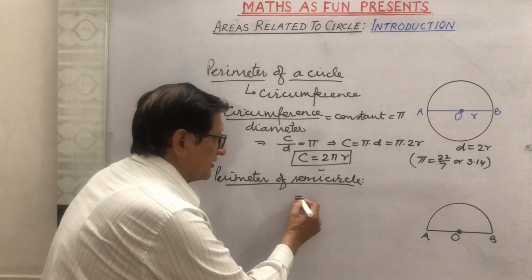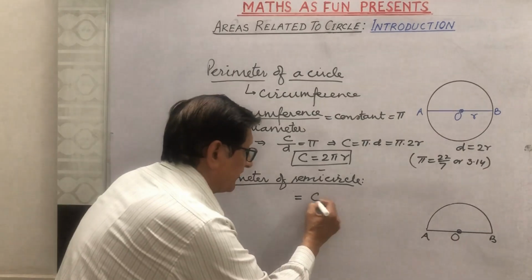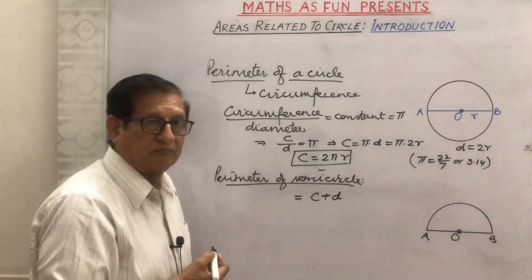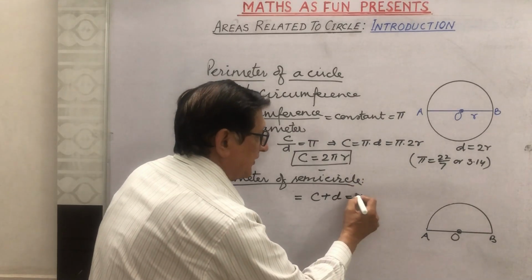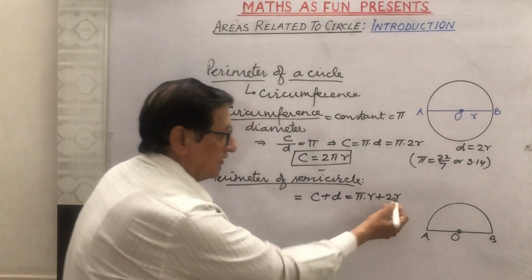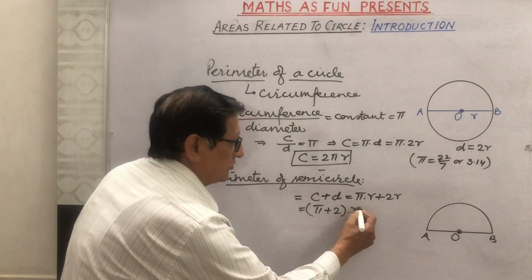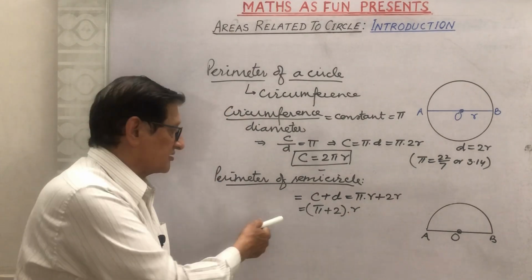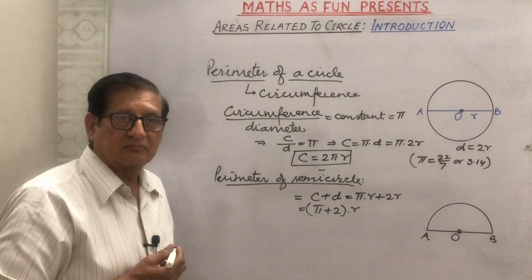It means the perimeter of a semicircle will be given by circumference plus diameter, and the circumference of a semicircle is half of this. It means that is pi into r, and diameter is 2r. If we take r common, can we say it is pi plus 2 into r? This is given as the perimeter of a semicircle.